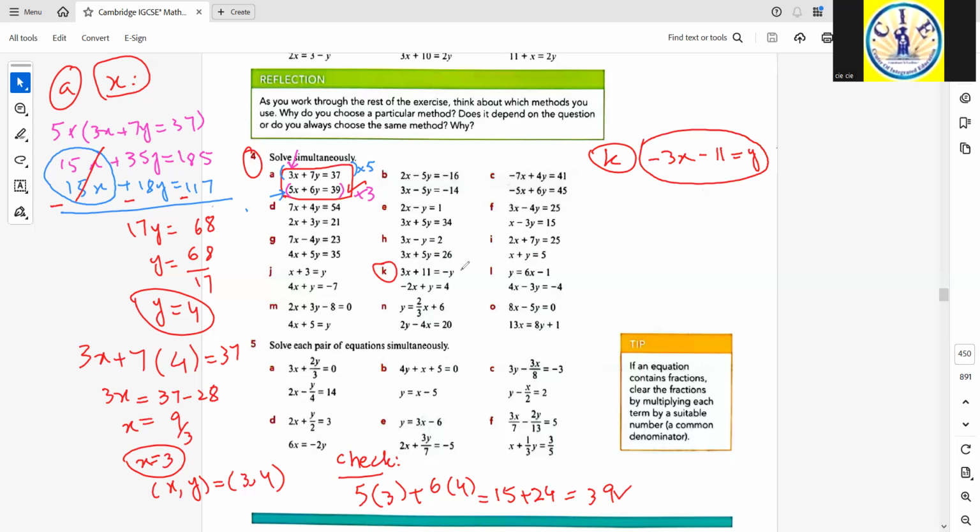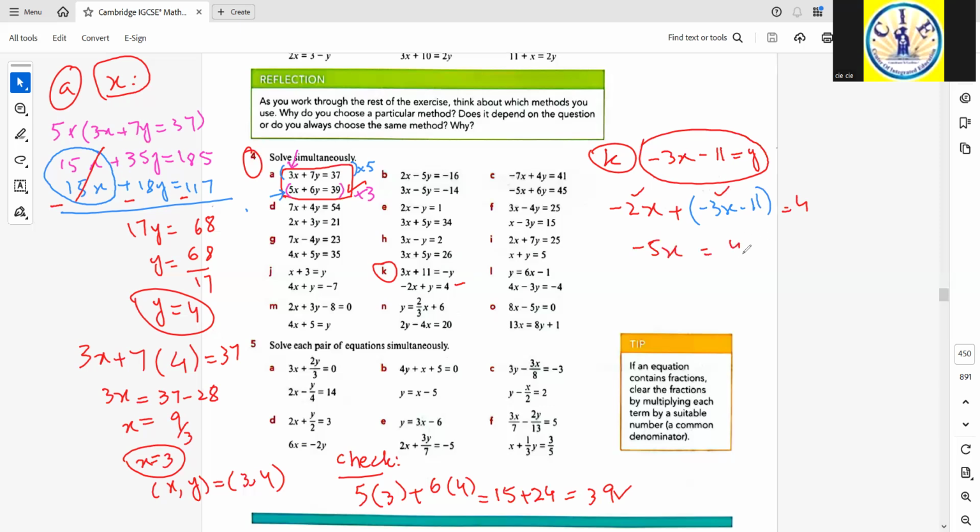I've multiplied this whole with negative 1. So replacing this value into the other equation, negative 2x plus y. The value of y from the other equation is negative 3x, negative 11. And then on the right side, it is 4. So negative 2 and negative 3, that is negative 5x.